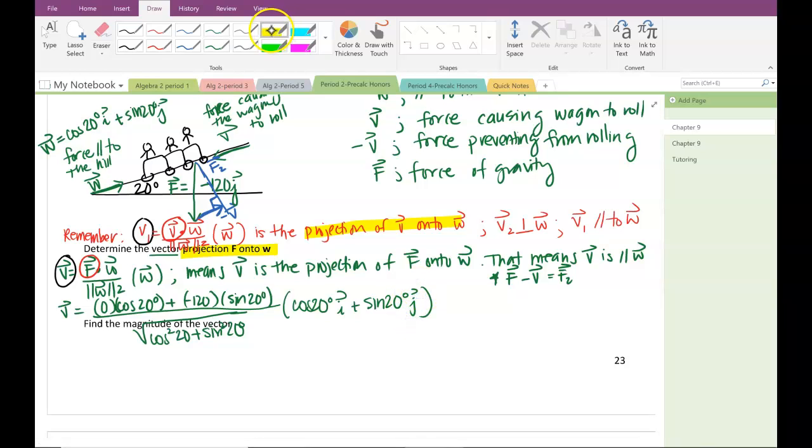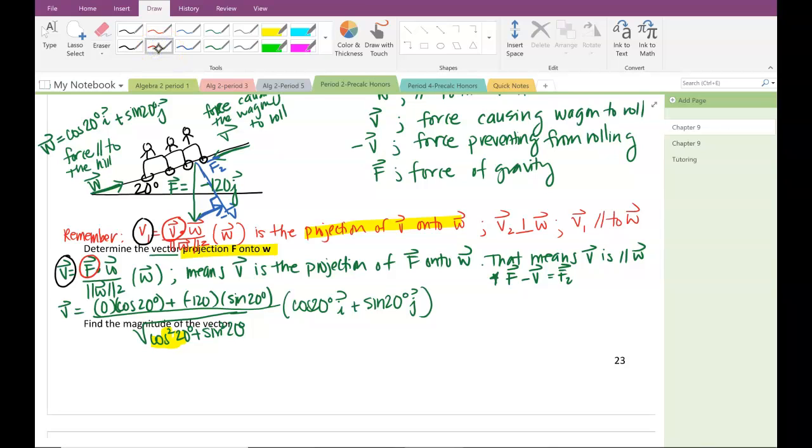Now, look at this one. Cosine squared of some angle, 20 degrees, plus sine squared of some angle. Doesn't that remind you of cosine squared of alpha plus sine squared of alpha? And cosine squared of any angle plus sine squared of any angle, isn't it always 1?